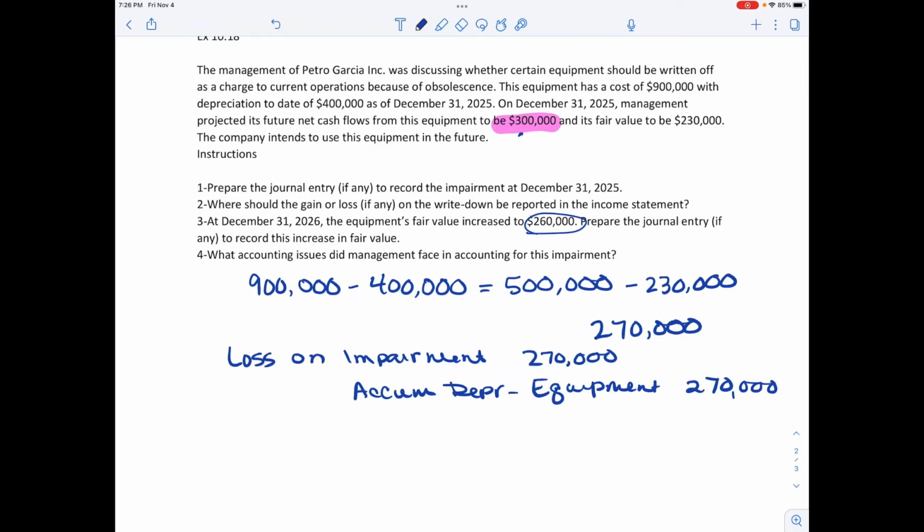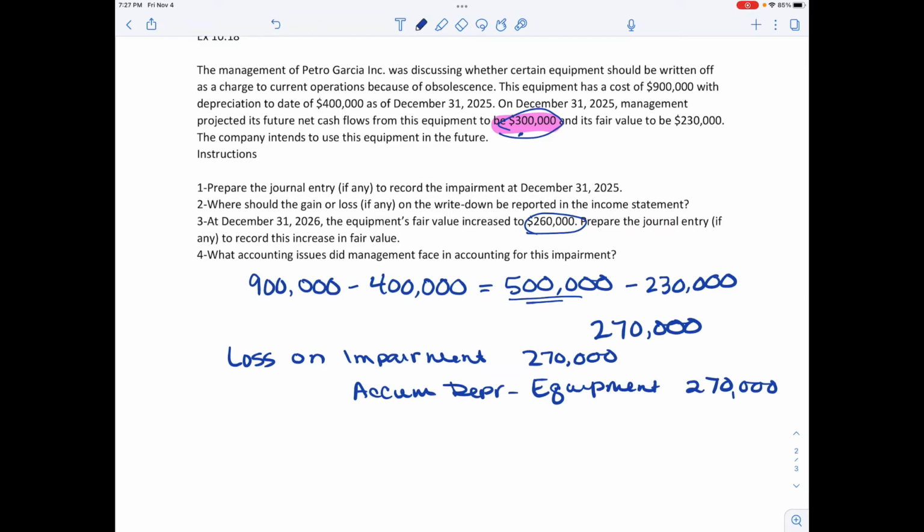If the sum of the expected future cash flows is less than the carrying value, the asset is impaired. So that's what we looked at when we said, okay, if the sum of the asset that we're going to get is less than the carrying value of the asset, which was this number, then it's impaired. And that's that recoverability test to see if we can record that loss.